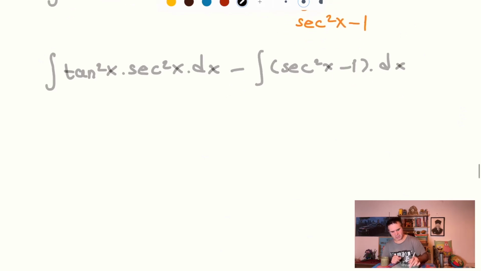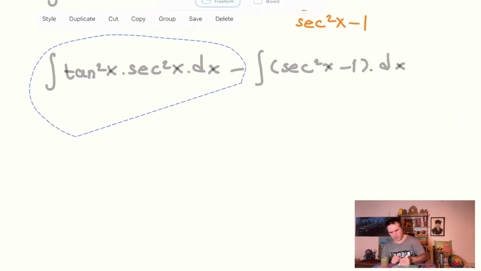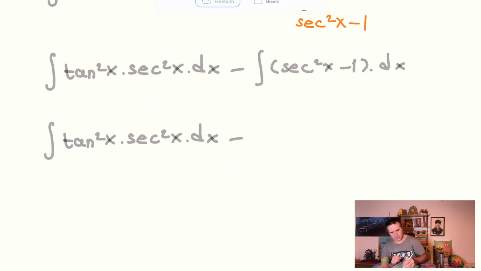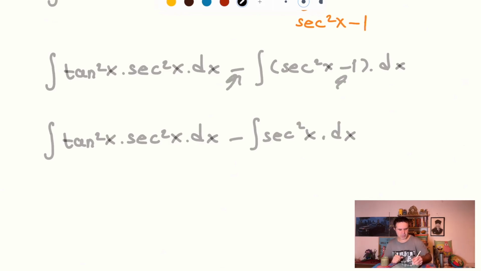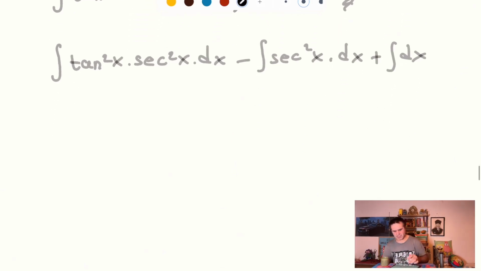Then the integral becomes, minus the integral of secant square of x dx, minus becomes positive, plus the integral of 1 dx. And we don't write 1 here. Okay, the integral is this.